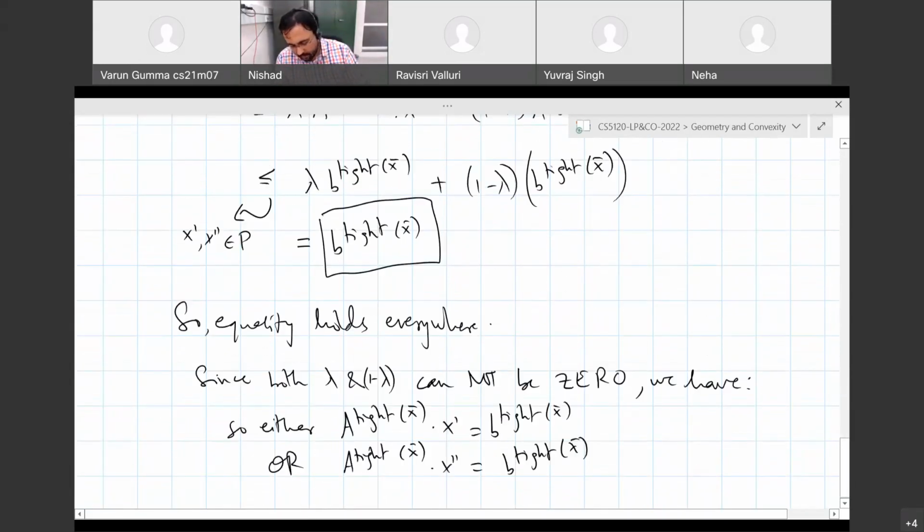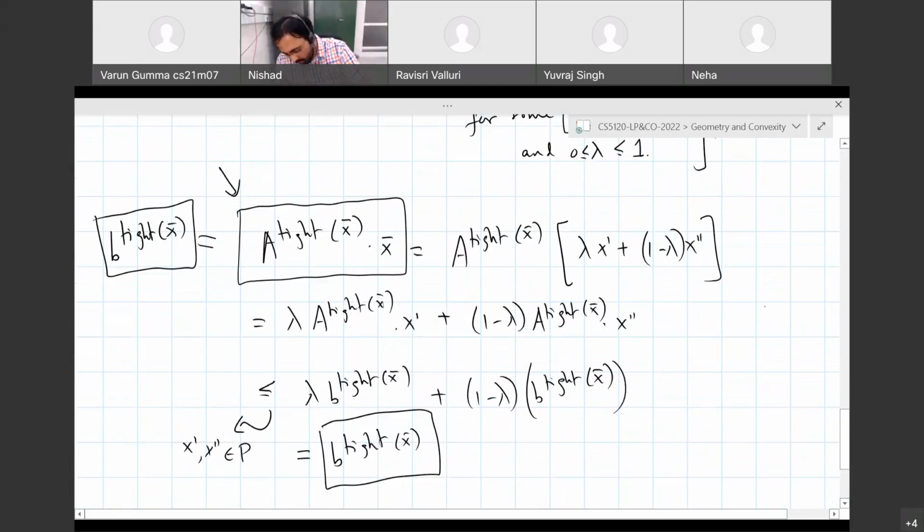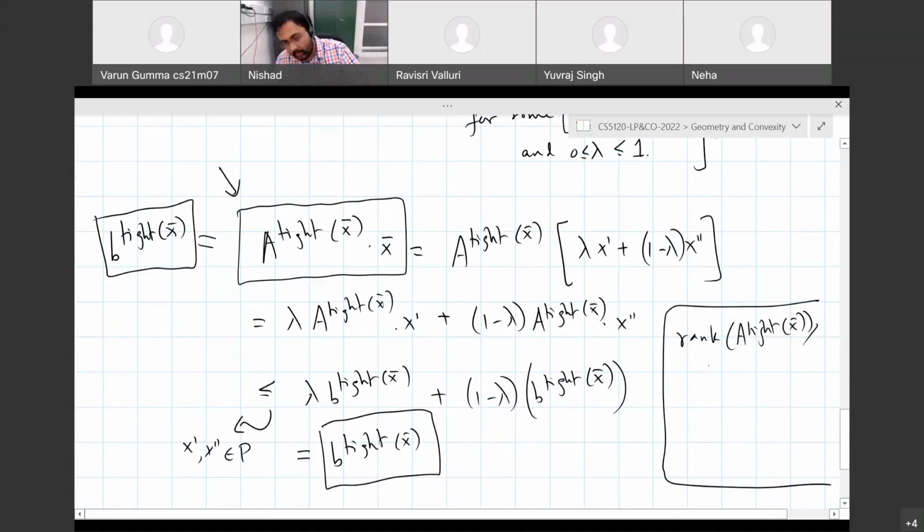So given that the rank of A tight x bar is equal to n, what can you say about A tight x bar times x equal to b tight x bar?